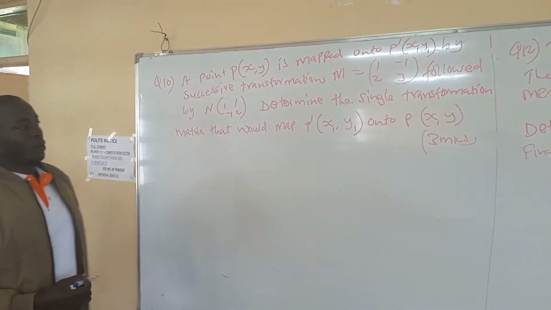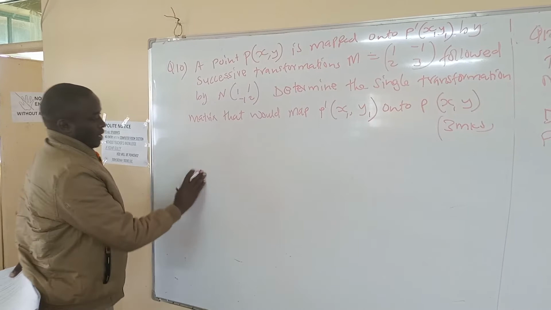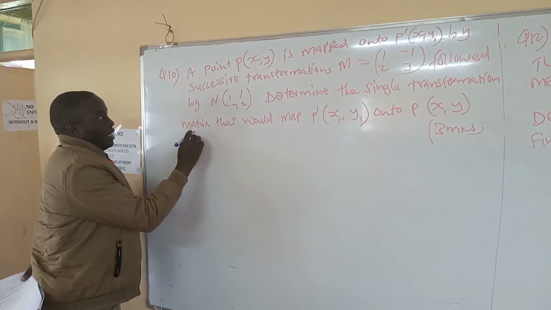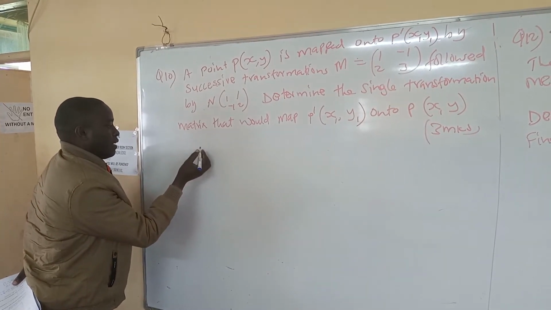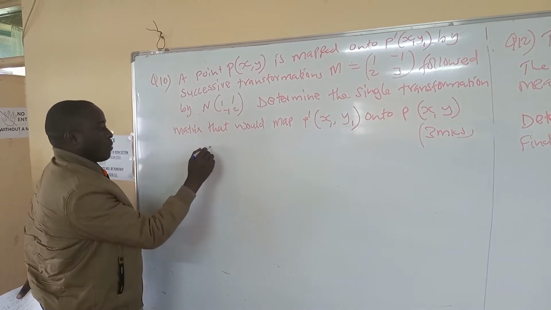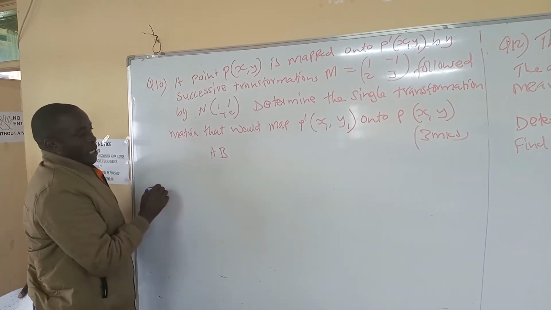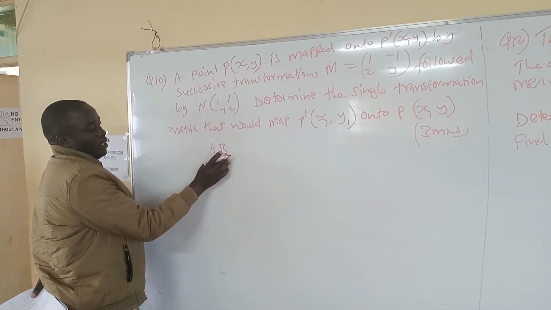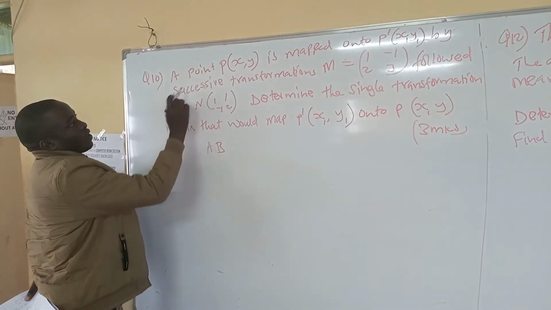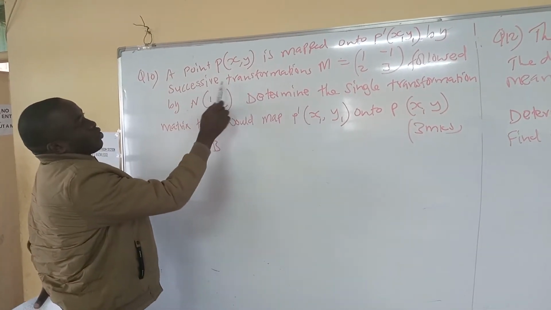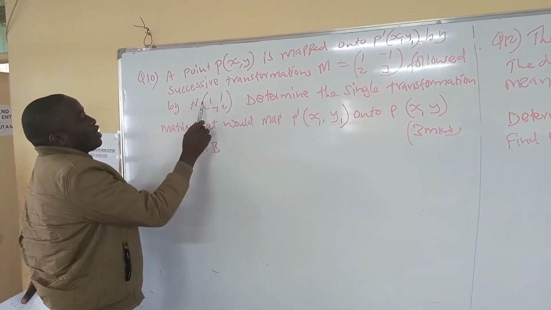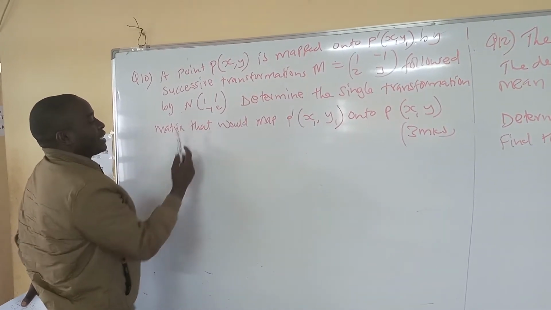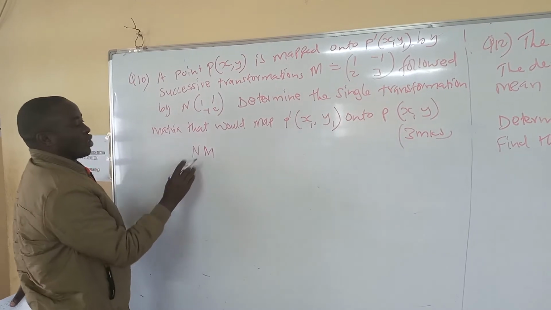Now remember, when we talk about a matrix, when we say two successive transformations, if we talk about AB, then the first one that will transform the object is B, followed by A. So here we are talking about successive transformations M followed by N, so if we write it down, it is NM and not MN.